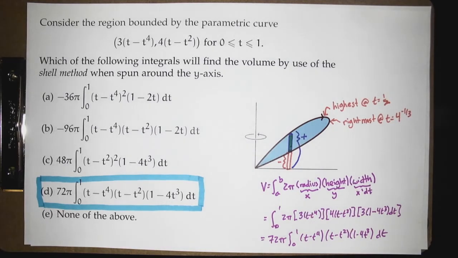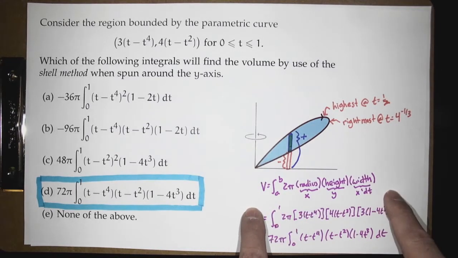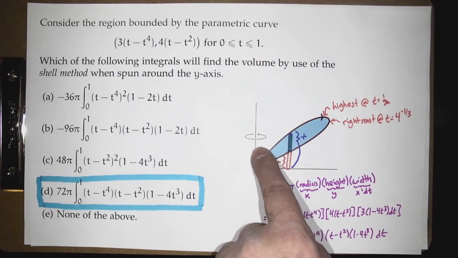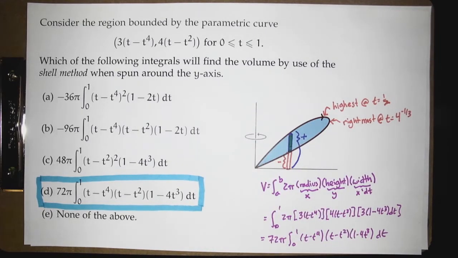And you probably look and say, what? How? Why? So, what are we after? We're after volume, and we're after shell method. So we say, hey, there's a formula for volume and shell method. All right, so what do we need to do? Well, we know where we're spinning around, and we're told shells.